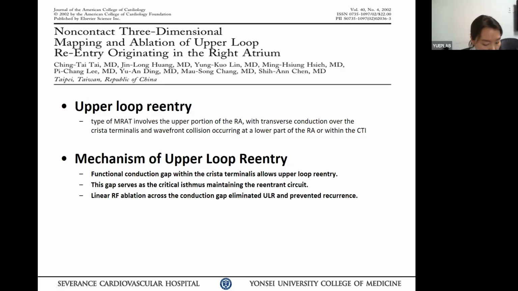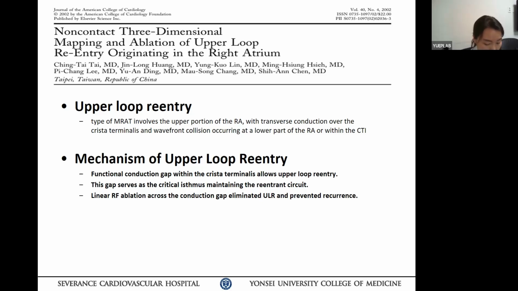The second study suggests that upper loop reentry develops because of a functional conduction gap within the crista terminalis. Due to the heterogeneous conduction property of the crista terminalis, the conduction gap persists and becomes the critical isthmus that maintains the reentry circuit. In some patients, the right atrial scar also contributes by forming the central obstacle.